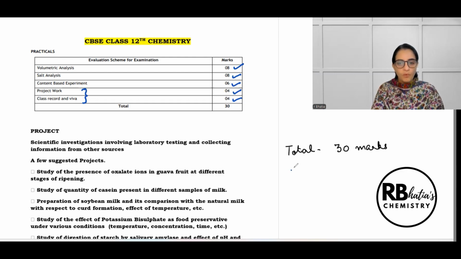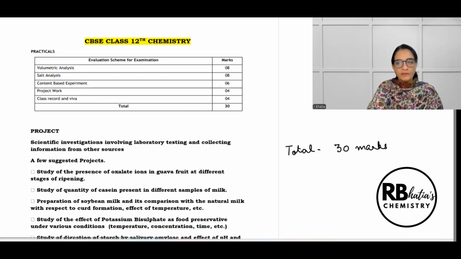So focus more on the project and the practical copy, that is all the experiments that you've done in your copy. You should have complete knowledge about the whys and why nots of every experiment. Focus on those concepts for viva, and I'll be sharing some important viva questions. If you do those, I don't think you would need anything beyond that.